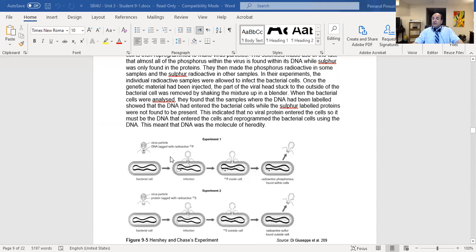Here we are talking about different experimentations where we showed the existence of DNA, and that was by using viruses that we call bacteriophages. These are viruses that will only attack bacterial cells.